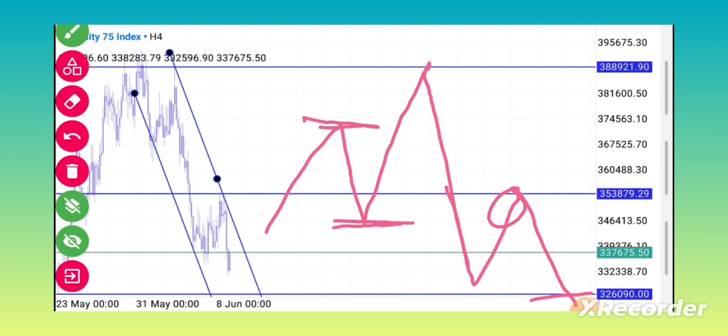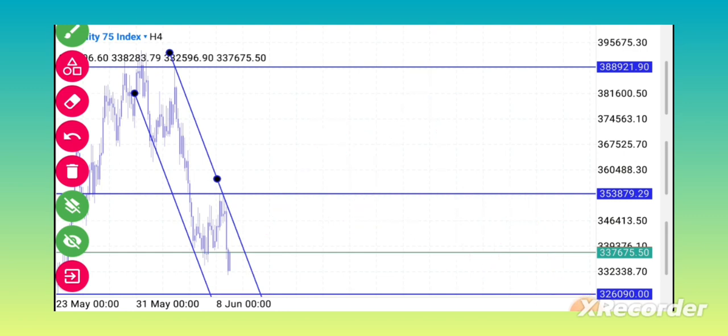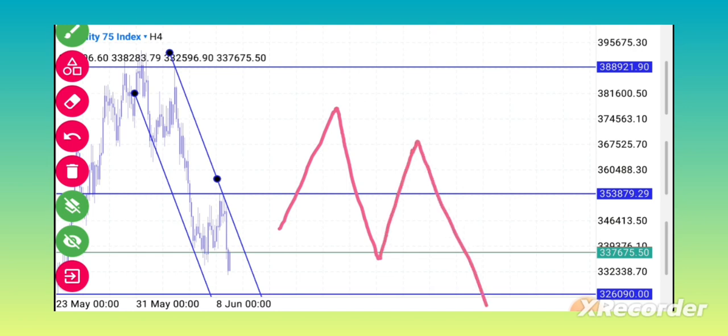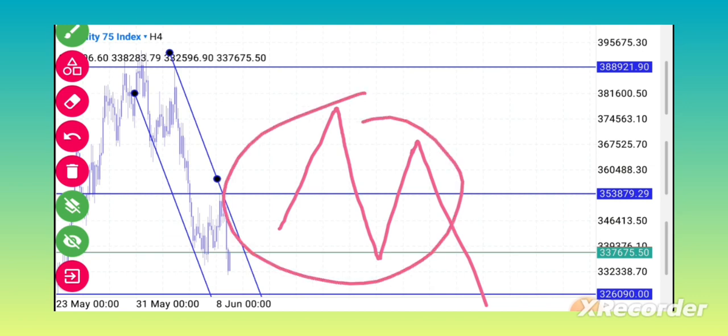So here is the secret I want to tell you. Backtest it. When the market is doing this, it comes back, goes down, and then comes up, and then it continues down. This is what I want you to focus on.